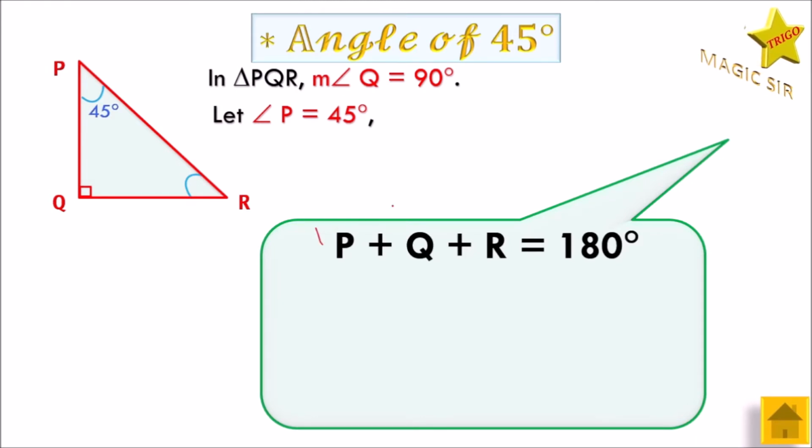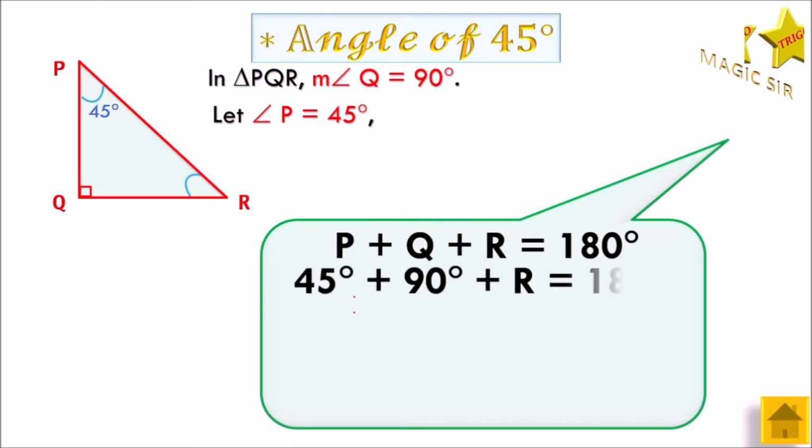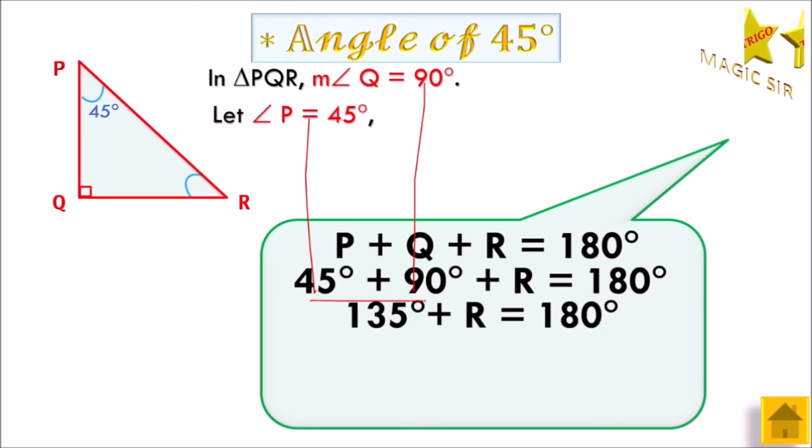We know that P plus Q plus R is equal to 180 degree. We have P is equal to 45 degree, Q is equal to 90 degree. The sum of 45 degree and 90 degree is 135 degree.